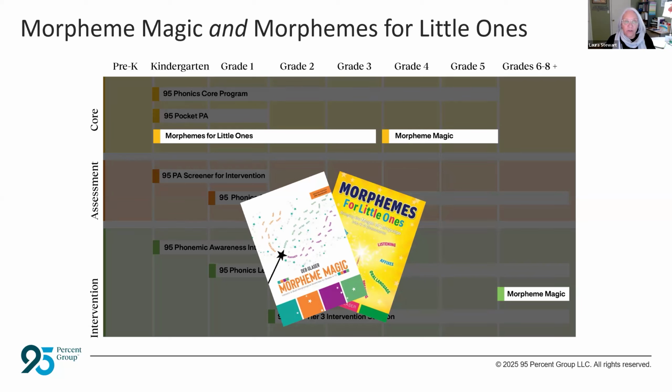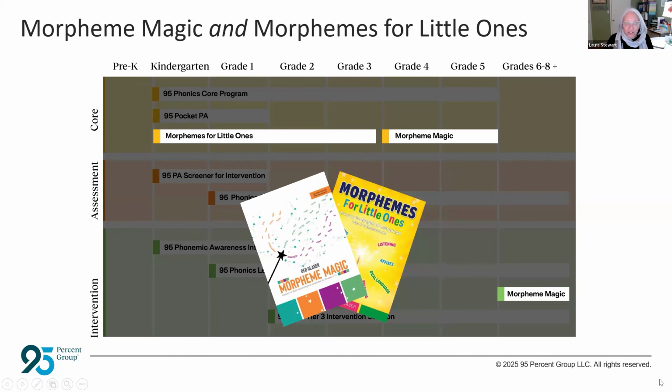I also want you to notice that Morpheme Magic can be used as intervention as well. So between Morpheme Magic and Morphemes for Little Ones, we are really covering all the grades, aren't we, Deb? Yes, we are. So good. Well, that's just a brief background of how Morpheme Magic fits in our ecosystem.